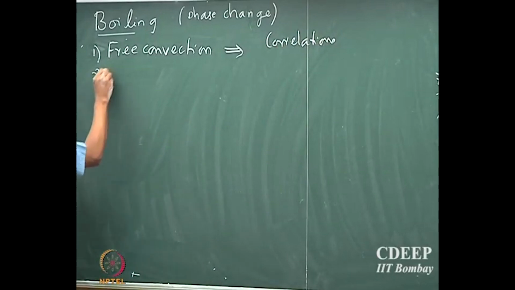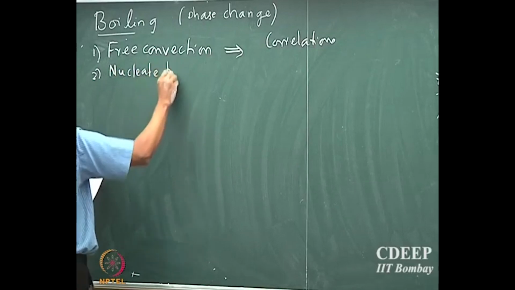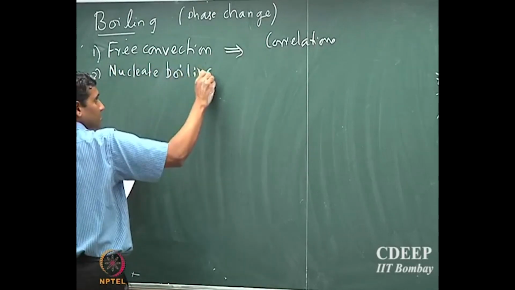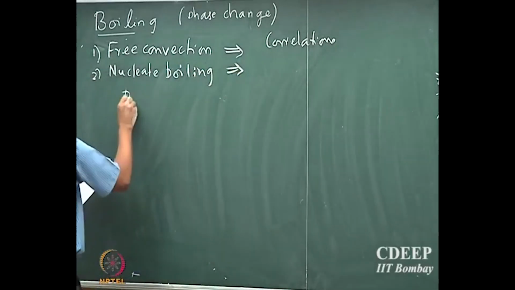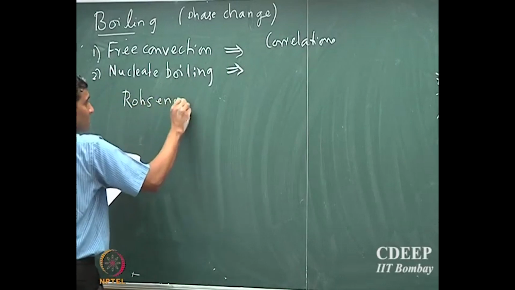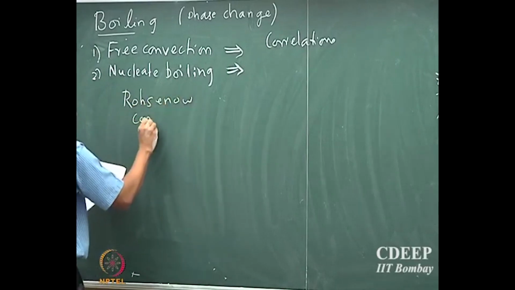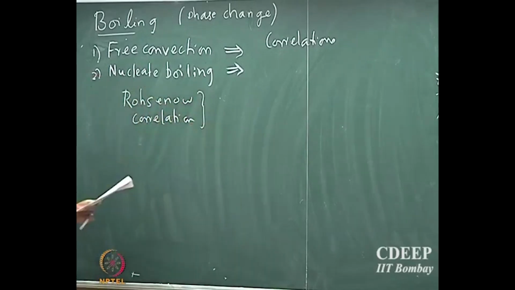So the second stage is where you have nucleate boiling. There is something called the Rohsenow correlation.